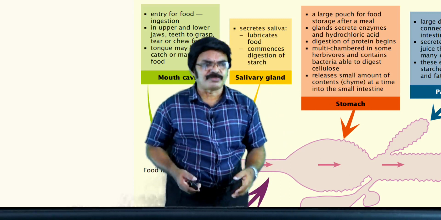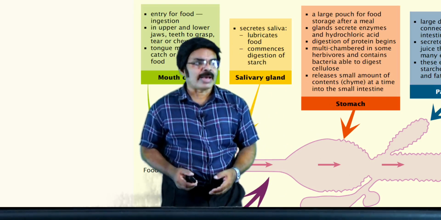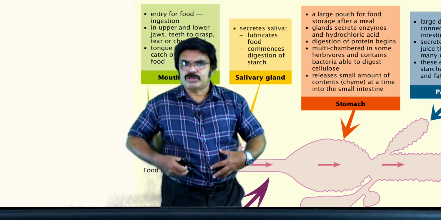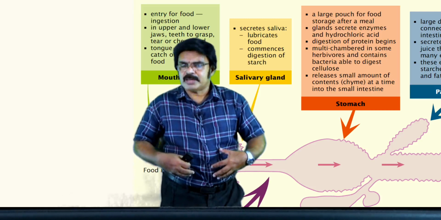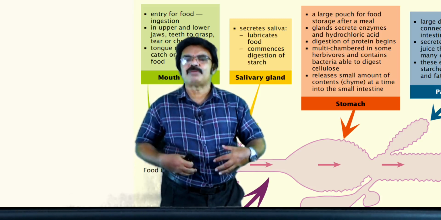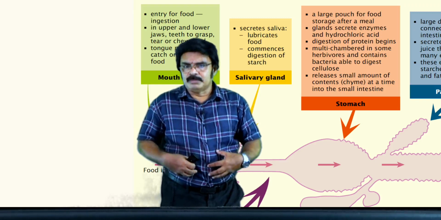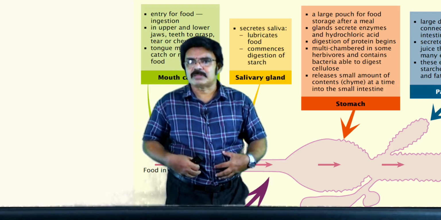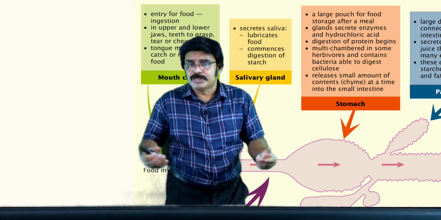In some organisms, for example cattle and sheep, they are called ruminants. Their stomach is completely different. It has a good number of chambers. They have bacteria in their stomach. The bacteria help in the digestion of cellulose.